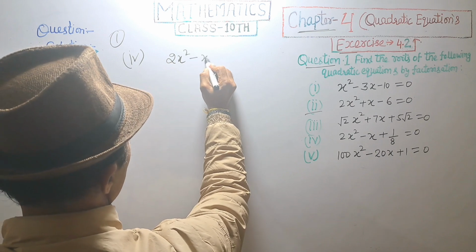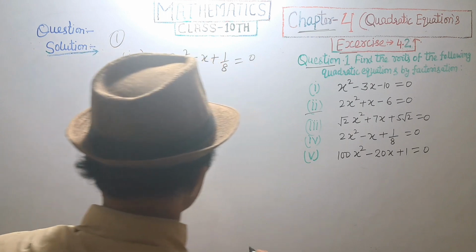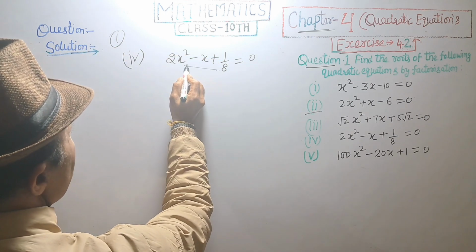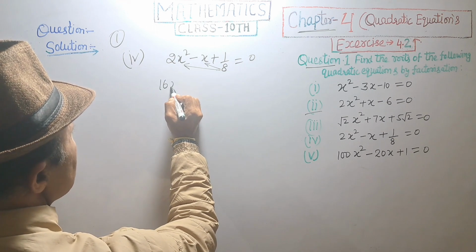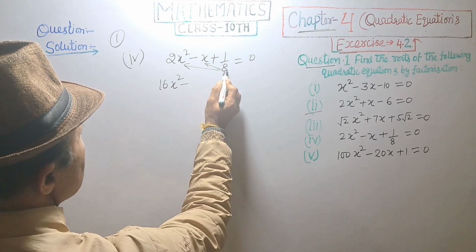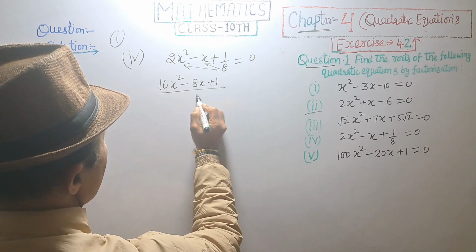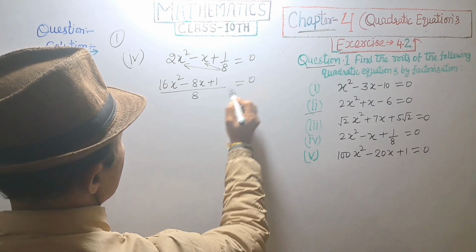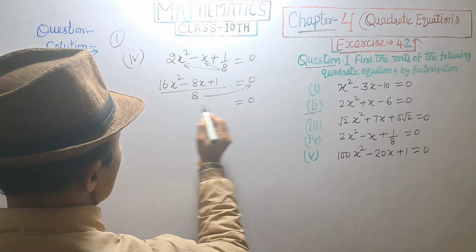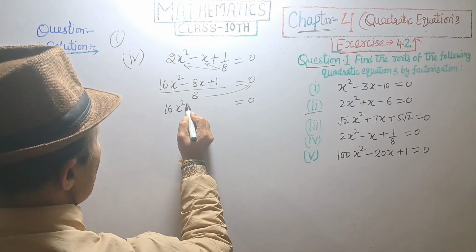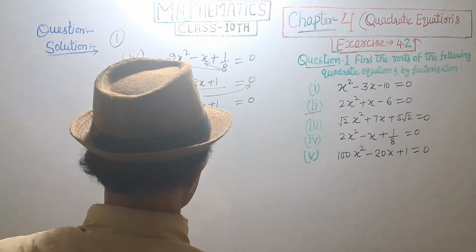2x² minus x plus 1 upon 8 is equal to 0. 8 multiplied by 2x² and 8 multiplied by x, that is 16x² minus 8x plus 1 divided by 8 equal to 0. 8 is directly multiplied by 0, that will be 0, and 16x² minus 8x plus 1 equal to 0.